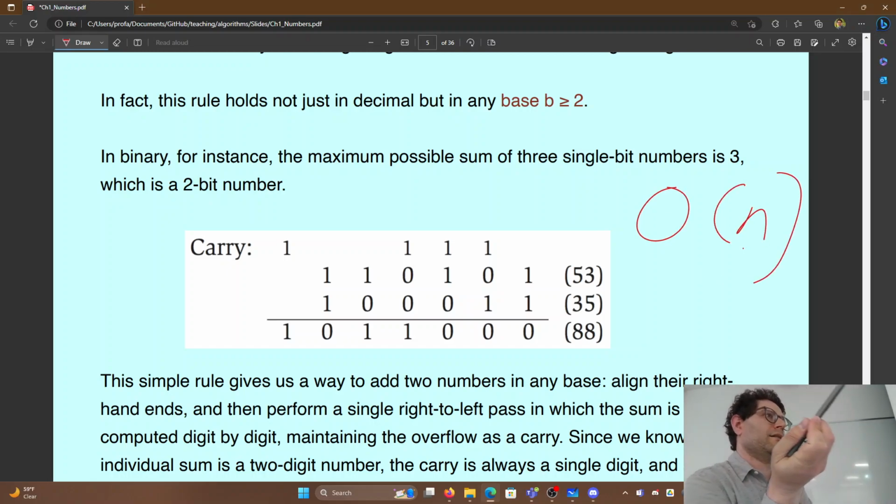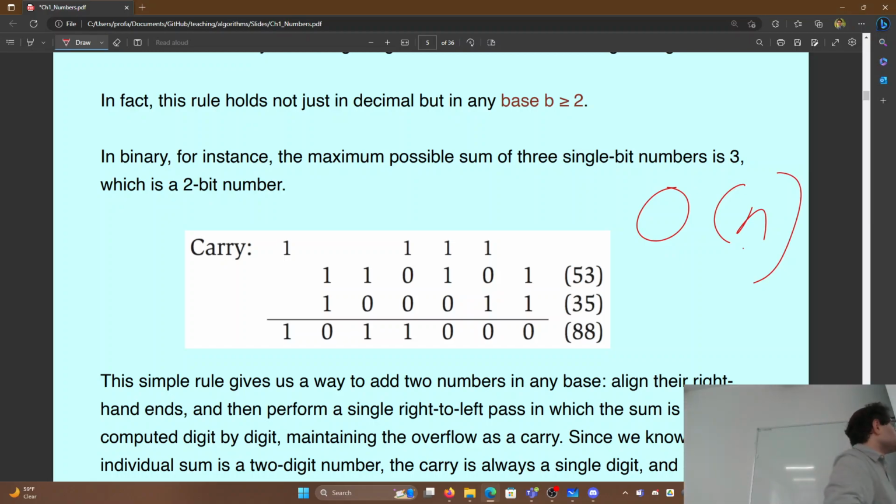So how many operations did I do? I did 1, 2, 3, 4, 5, 6, 7. I did 7 operations. So it's linear to what? Well, what are the things I added together? Yes, the number of bits. N is the number of bits in this case.